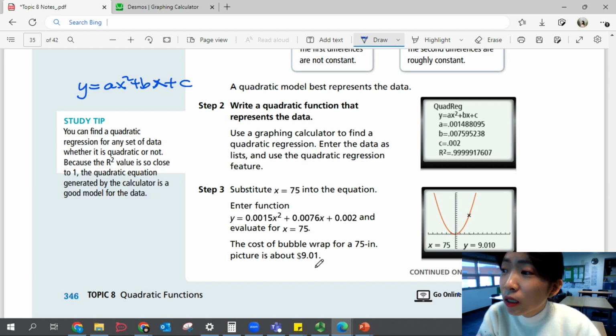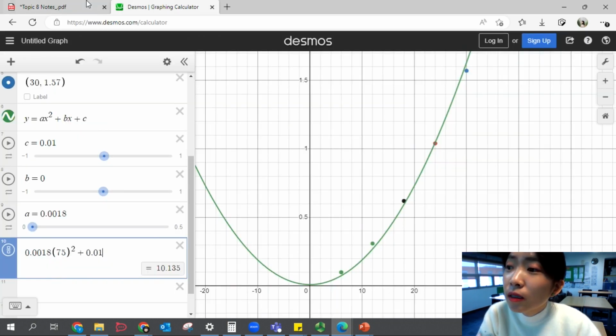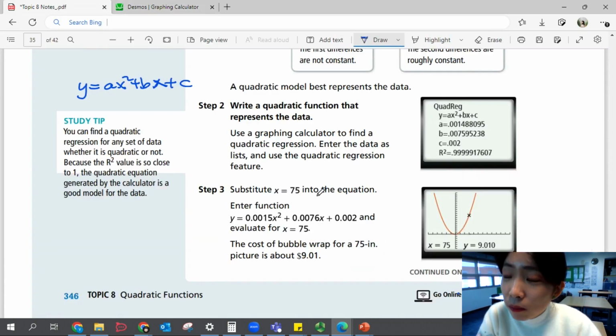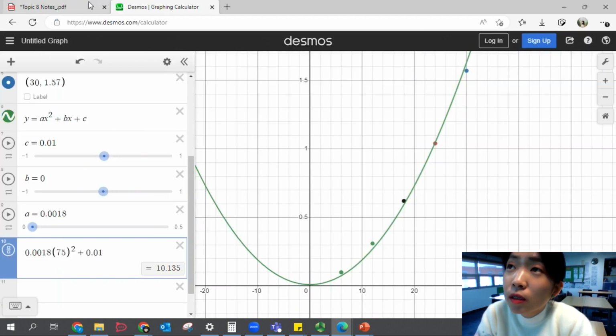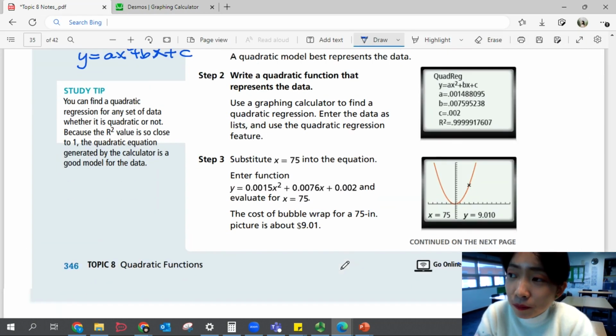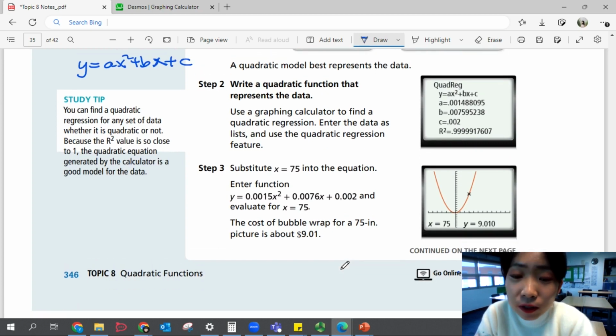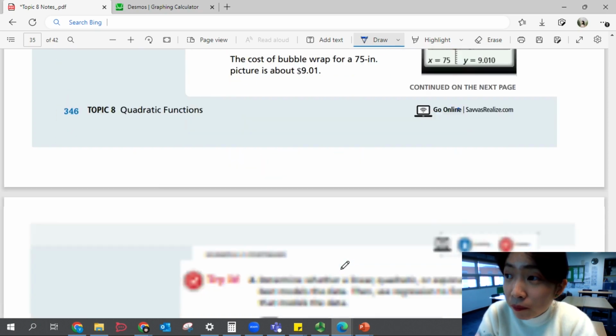Is that close to our answer? Yeah, it's not too accurate, but it's still close. There's a big margin. There's a $1 margin of error, but that's fine. Okay, don't worry too much about how accurate it's gonna be. You just need to know how to do it.